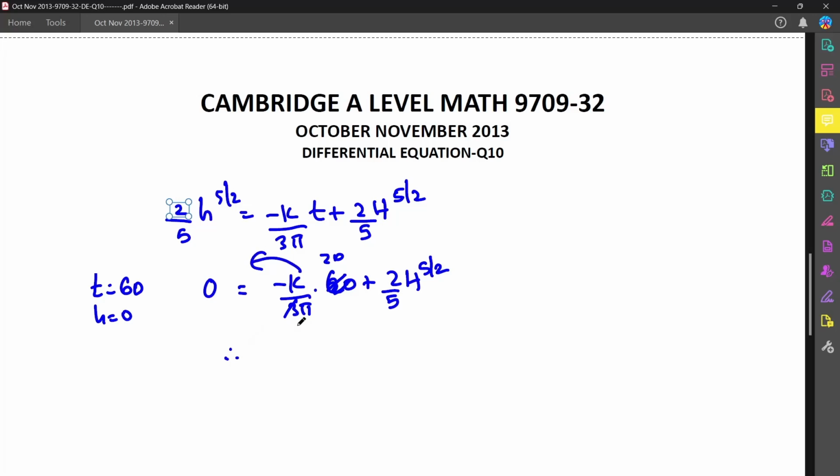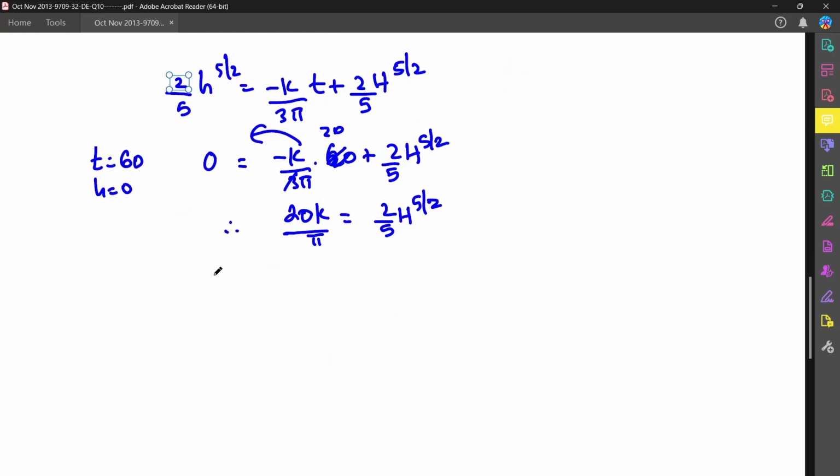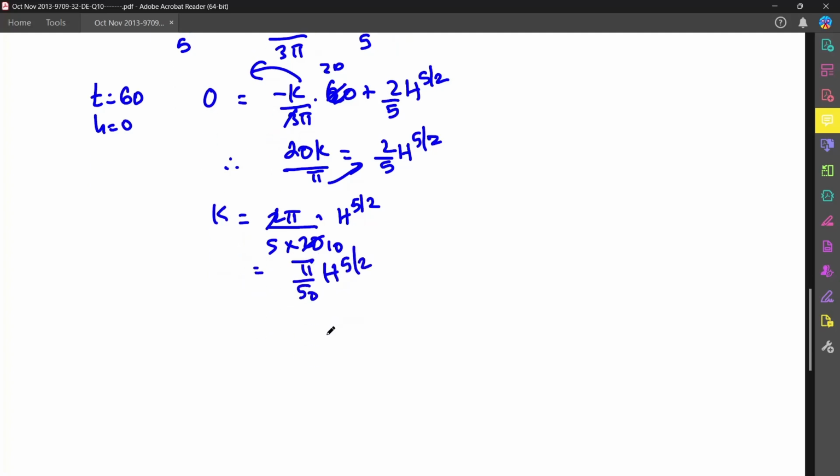Therefore, when you move this to the other side, you get 20k by pi equal to 2/5 of capital H to the power 5 by 2, and you're looking for the k value. Therefore, your k will be equal to 2 pi by 5 into 20 capital H to the power 5 by 2. 2 divides 20 10 times. So this gives you pi by 50 capital H to the power 5 by 2.